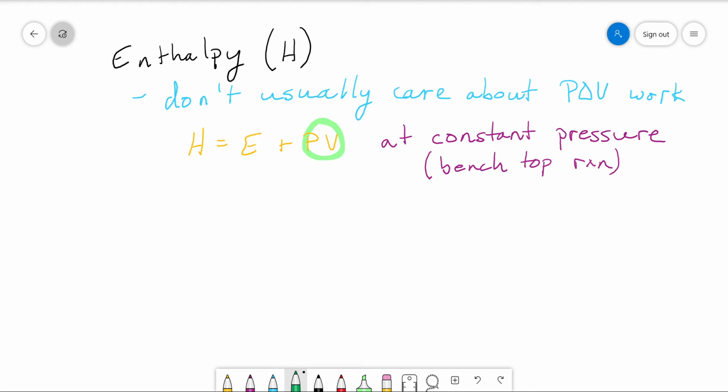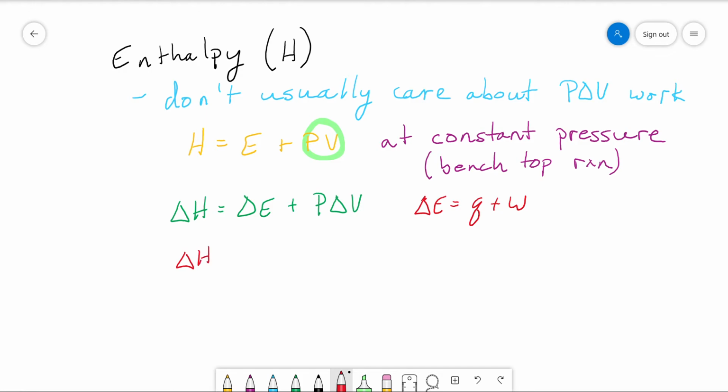So we can say change in enthalpy is equal to change in internal energy plus constant pressure times delta V. Now we have work. And if we remember that delta E is equal to Q plus W, we can make a substitution there. And so we get delta H is equal to Q plus W plus P delta V.